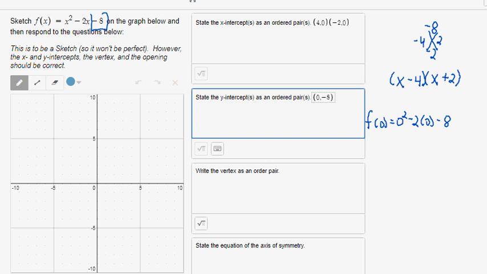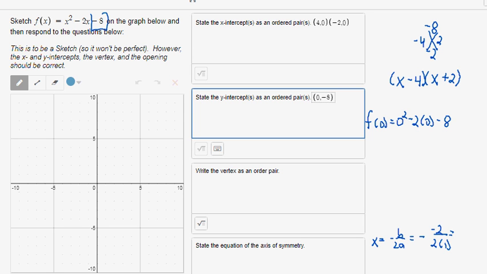Now for the vertex. In order to get the vertex, we need to know the axis of symmetry. So the equation of the axis of symmetry, we know x equals negative b divided by 2a. So that is negative b, which is -2, divided by 2 times 1.